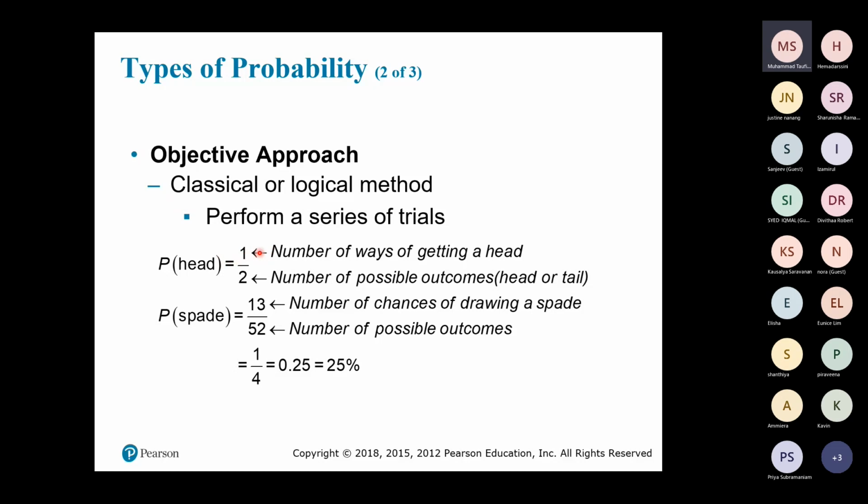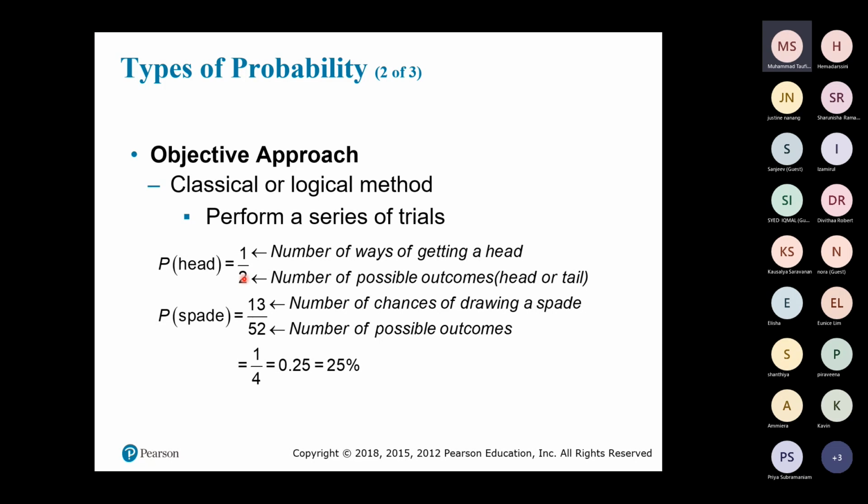Head is one side of the coin, so one. And then, how many possible outcomes can you get from the coin? You can either get head or tail, so there are two possible outcomes. On the bottom you write the number of possible outcomes.